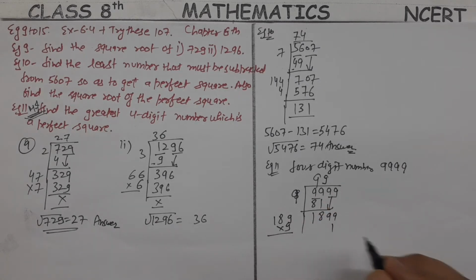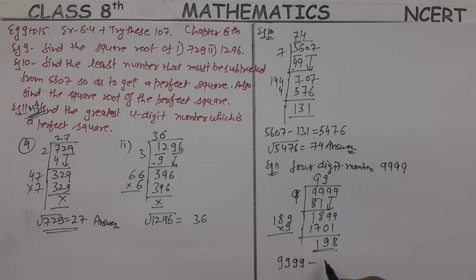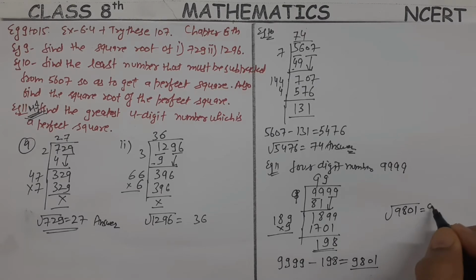Multiplied by 9 also. Now subtract. 198 should be subtracted from 9,999. We have 9801, a perfect square number, and its square root is 99.